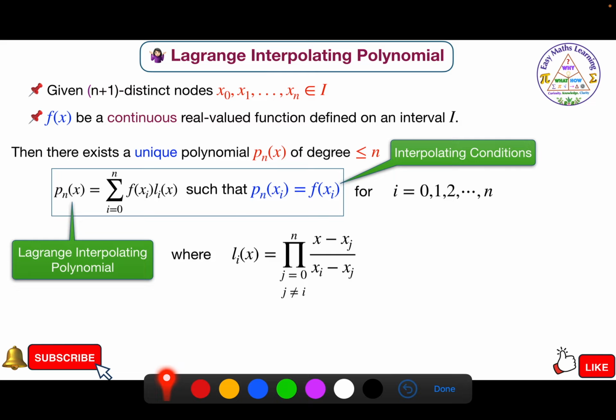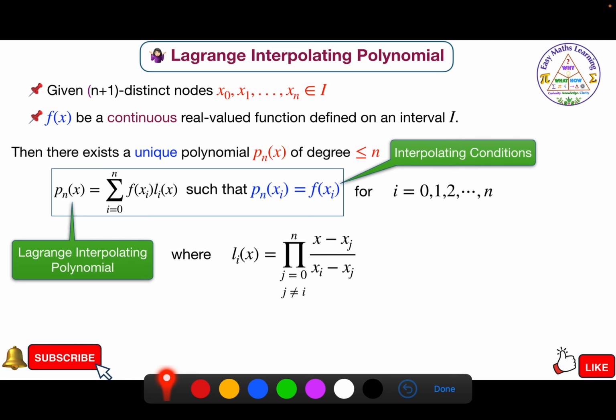Here Li(x) is defined as the product of terms with numerator x minus xj and denominator xi minus xj. And this denominator xi minus xj is a constant. In this product, you can see we skip the term where j equals i.